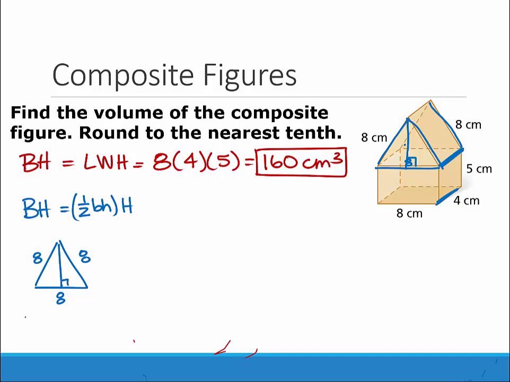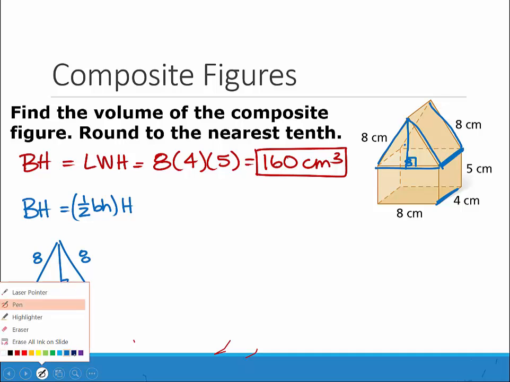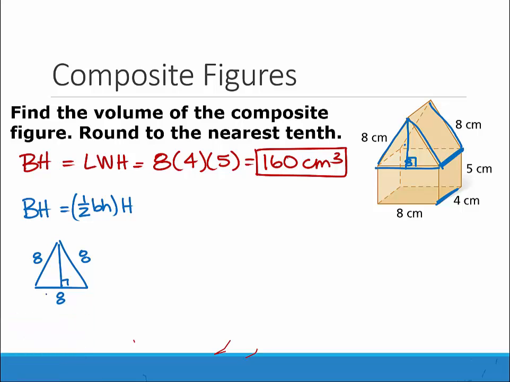We're looking for this. Now there's a couple different ways that you can do this. You can turn this into a 30, 60, 90 triangle, and remember that this is going to be whatever this length is, cut in half, and then multiplied by the square root of 3. Or you could use some trig, or you could use Pythagorean theorem, but you end up with that height being 4 times the square root of 3.